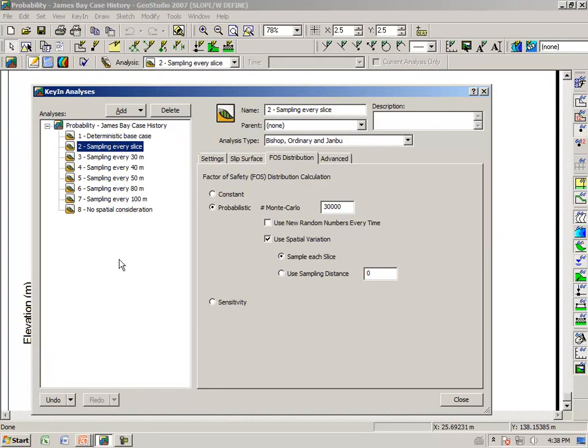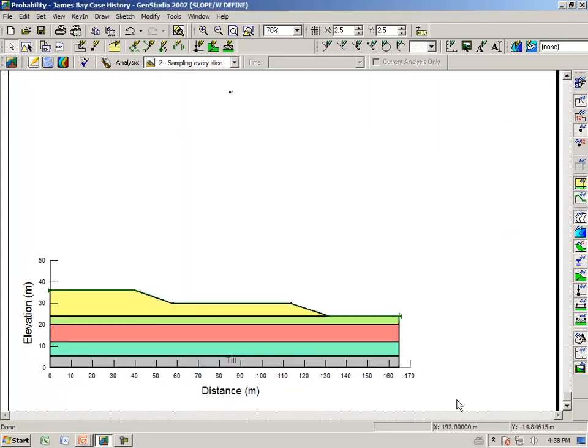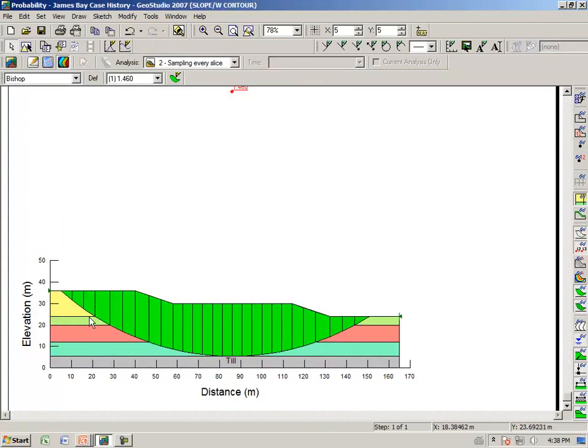Now, it is hard to imagine that if you had a very long trial slip surface like this, notice that this is nearly 150 meters long, that if you were to cast the dice once for the entire slip surface, that the strength would be at some probabilistic low value over the entire slip surface.